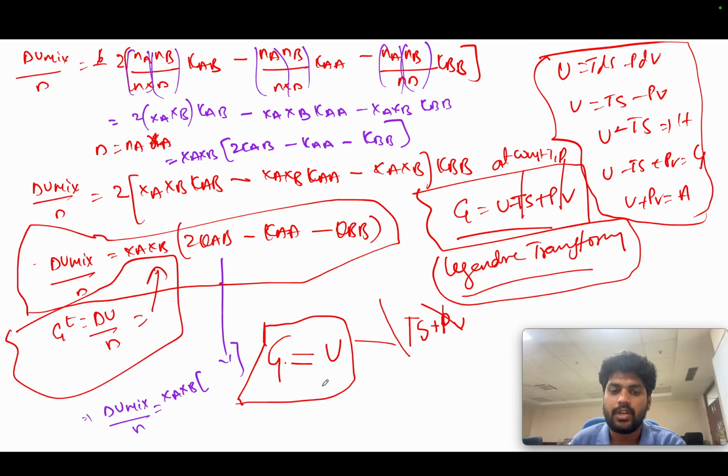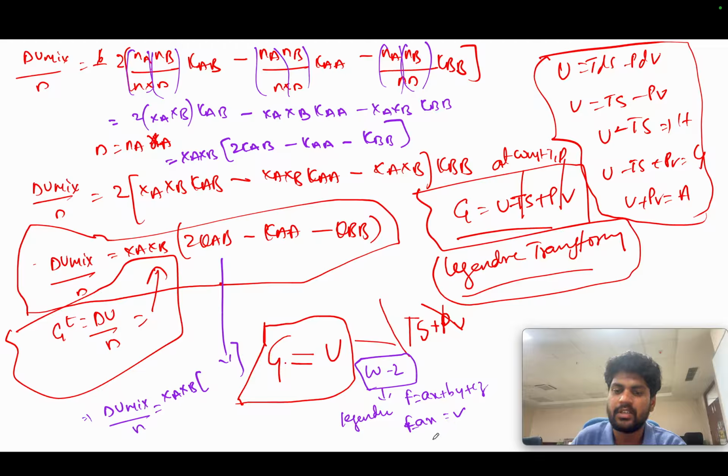And then, from the Legendre transforms in the week 2 class, if you remember, if you have any function f of a equal to ax plus by plus cz, then you can make new functions: f minus ax as a new function, f minus by as a new function, and f minus cz as a new function.